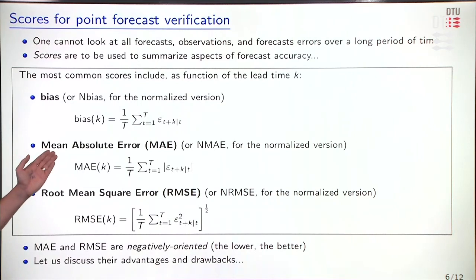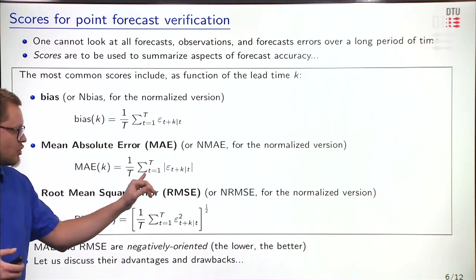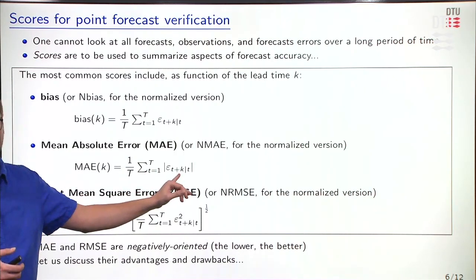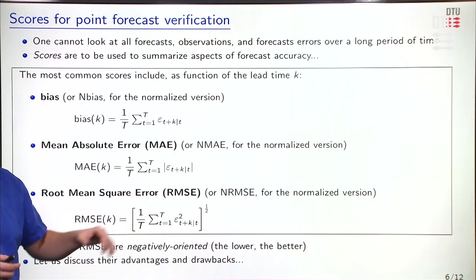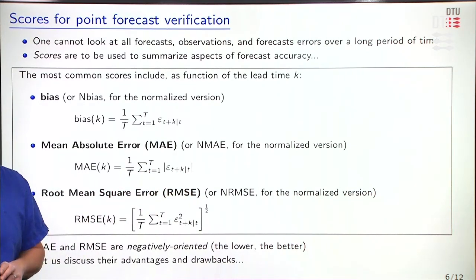The first one is the mean absolute error, MAE, and it's calculated as the sum of absolute values of forecast errors, also divided by the number of these errors you have here.